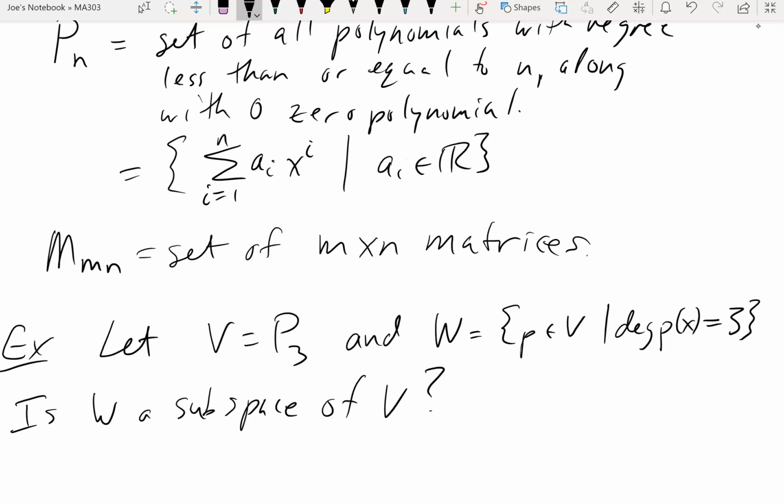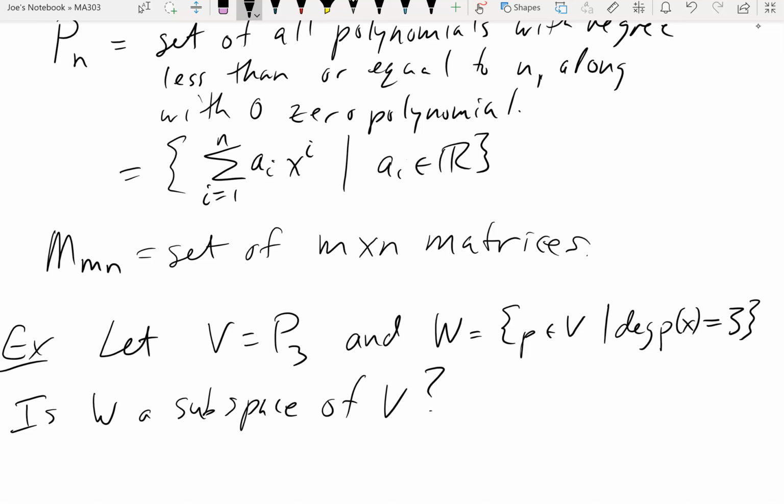If I take two polynomials that are degree 3, do I get a polynomial that is degree 3 back again? Let me ask again. If I take two polynomials that have degree 3, do I necessarily get a polynomial that has degree 3 back again?